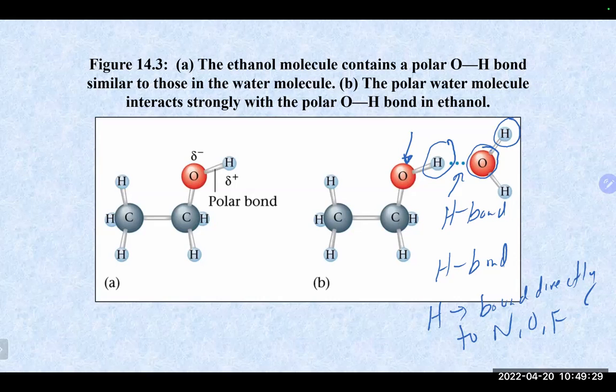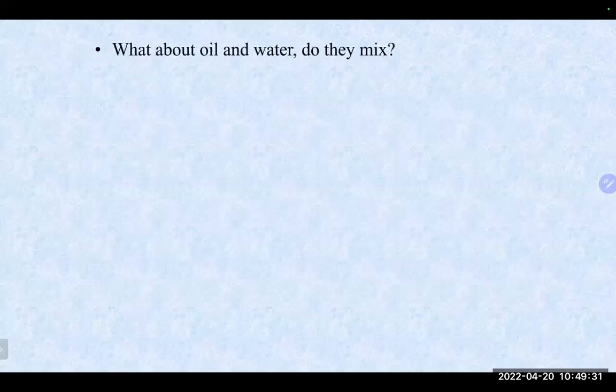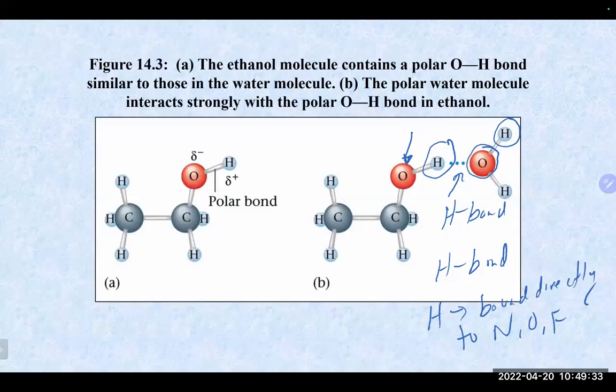Now, does the solubility of something like this decrease as you build out perhaps more of the non-polar side? And the answer is yes. So, we have something like ethanol, which has this part that's non-polar.